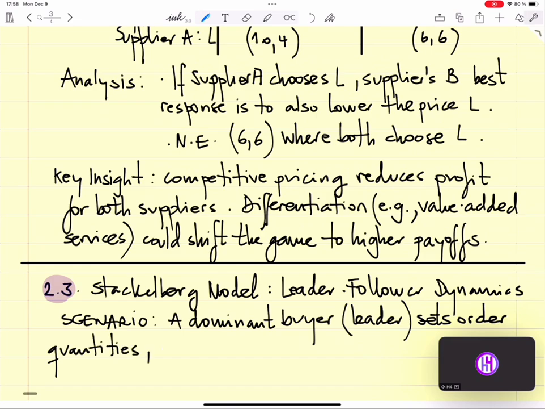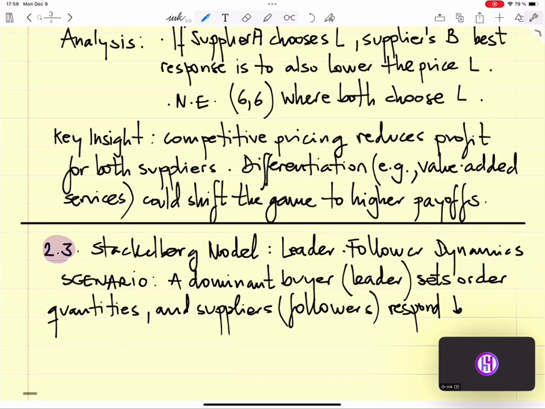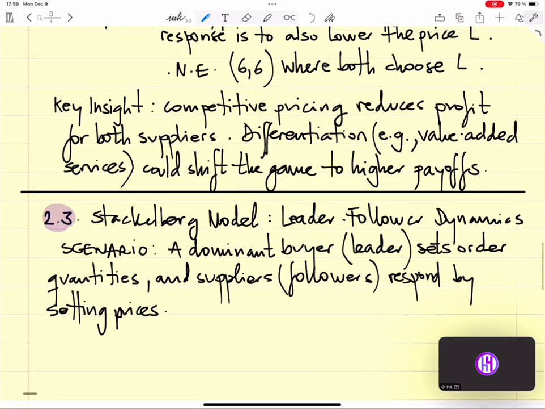And suppliers, which are the followers, respond by setting prices. Okay. So an example.